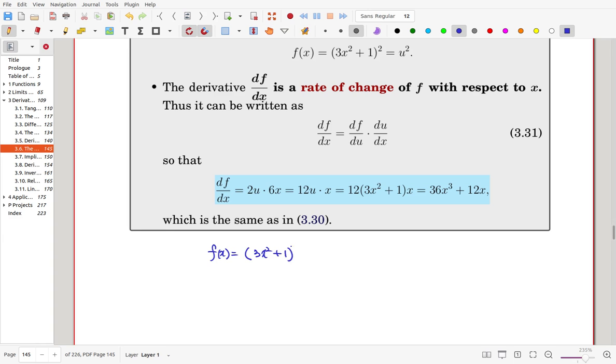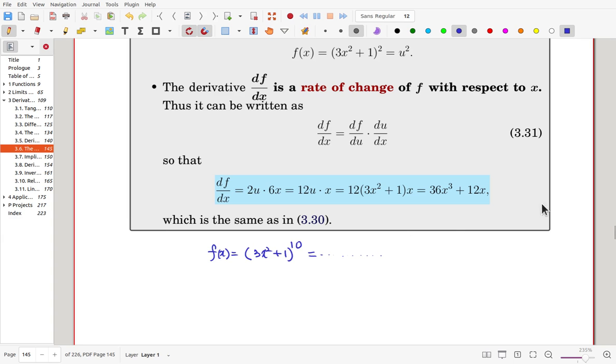Now, what if, for example, f of x equals the same 3x squared plus 1, to the 10? How about that? For this one, if you try to make an expansion, it's long and not really easy.